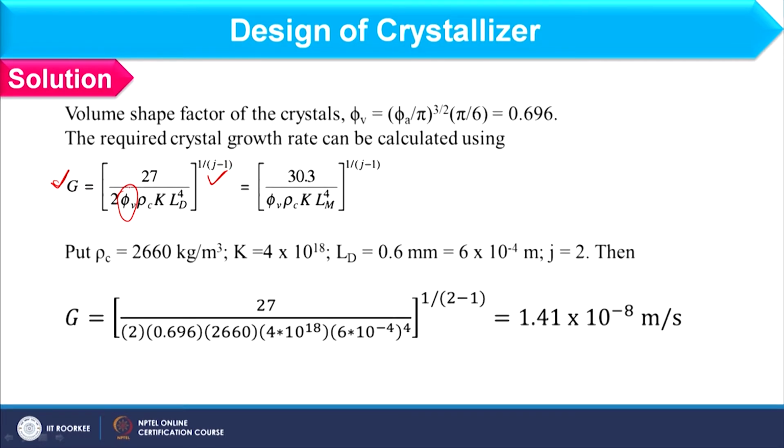Here phi V is basically the volume shape factor, which we can find as phi A divided by pi, with the power 3 by 2, times pi by 6. So, the volume shape factor is basically pi by 6 into the volume of the particle.